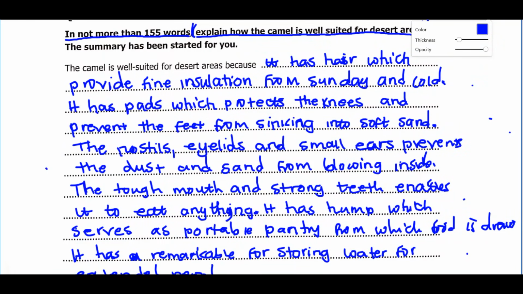So you can now count the words to see at least if you are falling under the required number of words. In case these words exceed more, you can still summarize. You can still remove the words that you think are not necessary. So when counting, just make sure you count one by one.